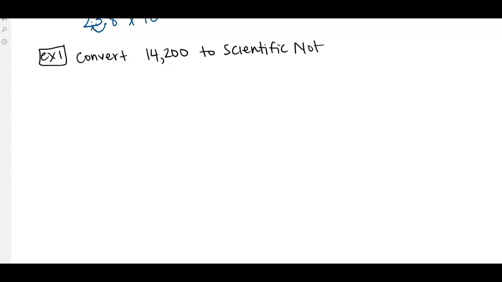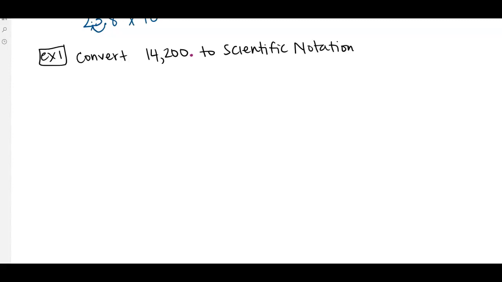Okay, so let's look at a couple of these and convert them in the different ways that's being asked. For the first example, I want you to convert 14,200 to scientific notation. Our decimal point, starting off, is at the end here.